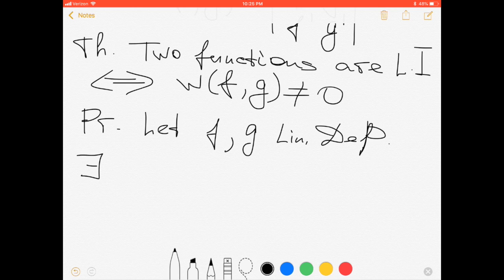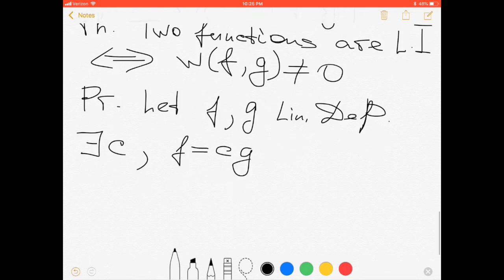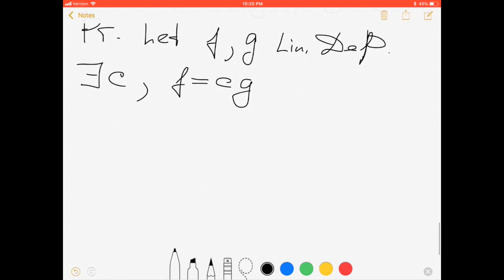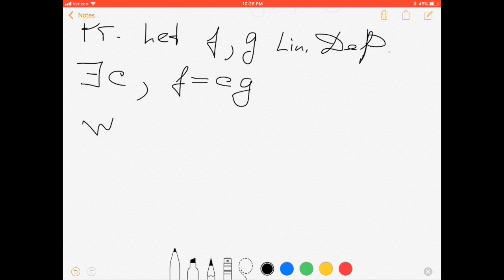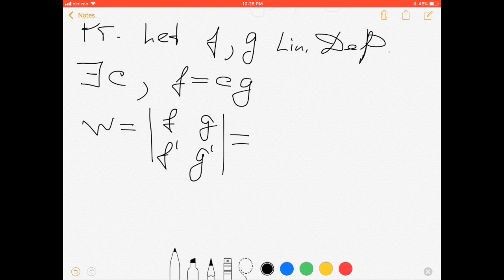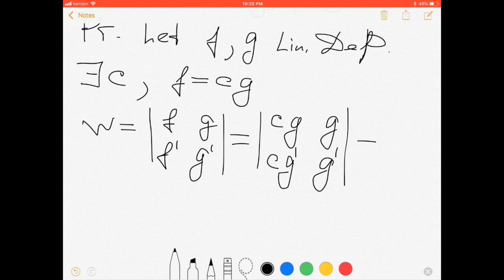This means there exists some constant c such that f equals c g. Then the Wronskian will be f g, f prime g prime, but it will be c g g, c g prime g prime.